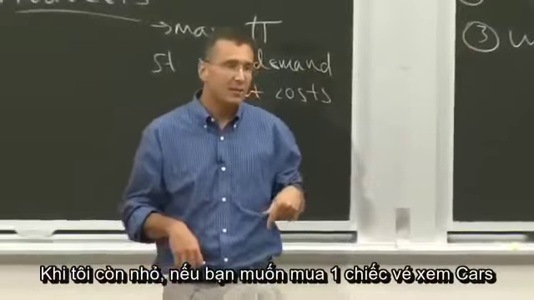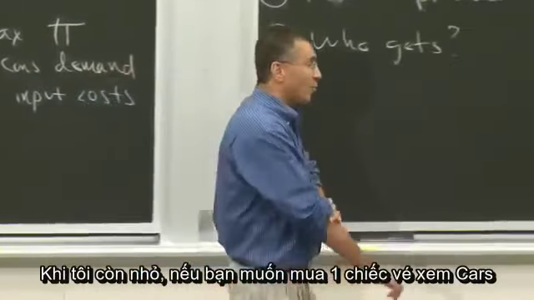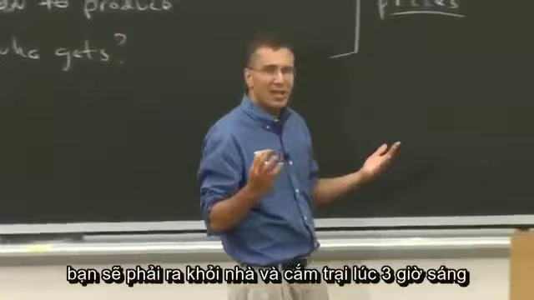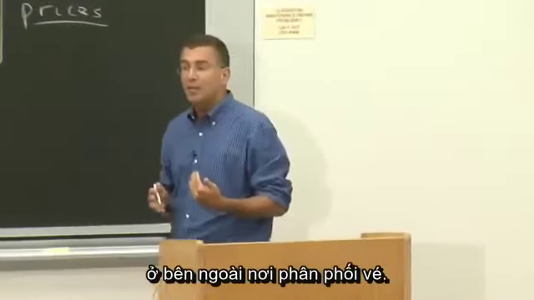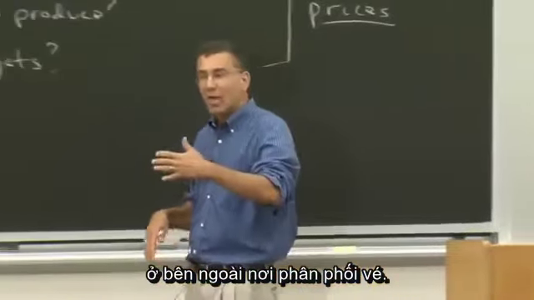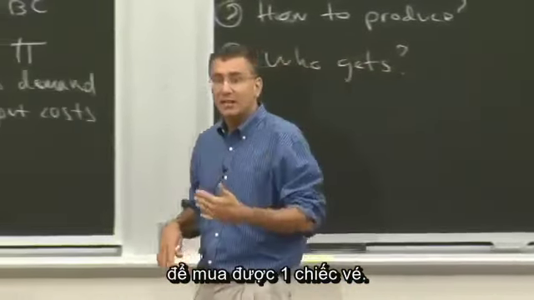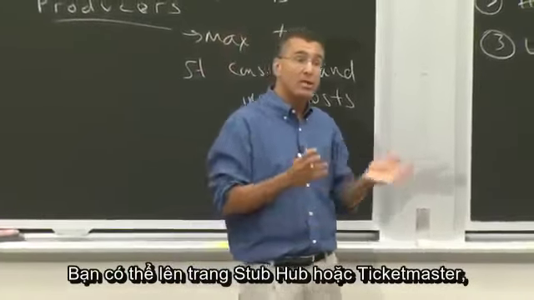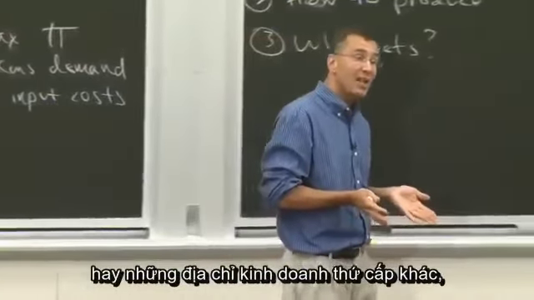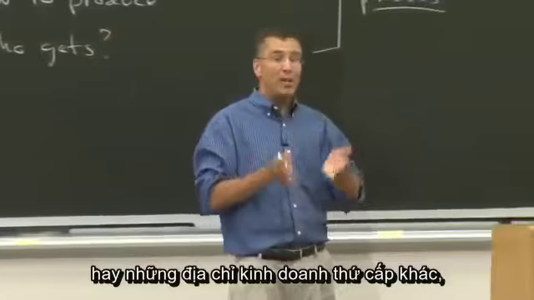When I was a kid, it was Cars tickets, okay, to date myself, and you had to go and camp out at 3 in the morning outside the store where they're selling them to get the tickets. Now, of course, you don't do that anymore. Now you go on StubHub or Ticketmaster or these other secondary sellers, and there are prices that determine it.